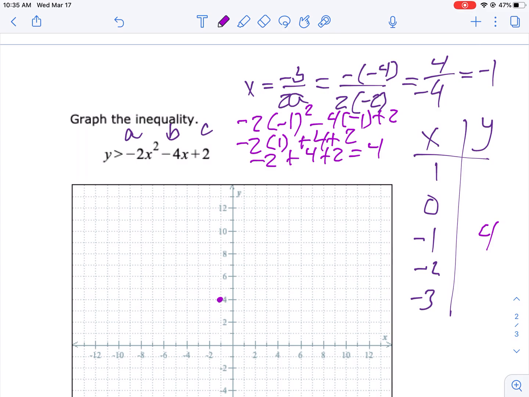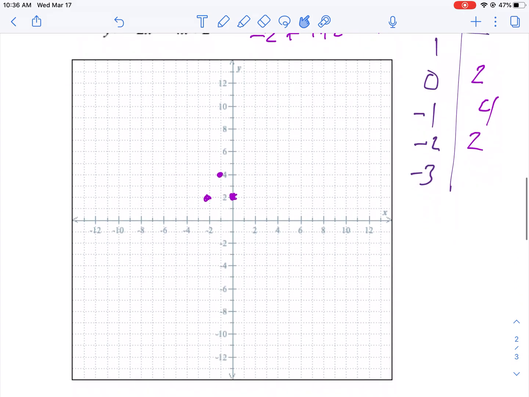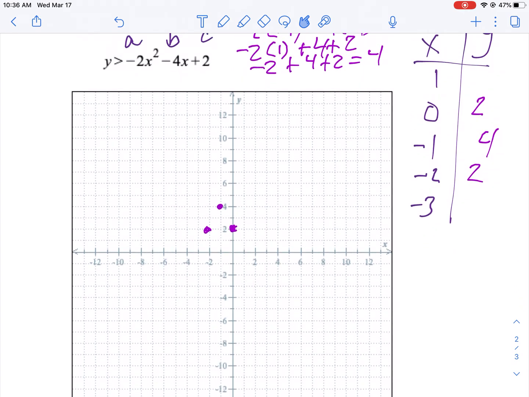Now I know the y-intercept is 2. So when x is 0, y is 2. Since I know it's symmetric, I know both of those are going to be at 2. So if I'm at 0, I'm going to be up at 2. If I'm at negative 2, I'm going to be up at 2. And then let's do when x is 1. So we're going to say negative 2 times 1 squared minus 4 times 1 plus 2.